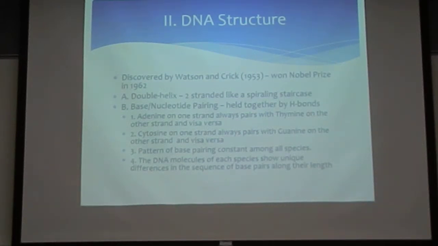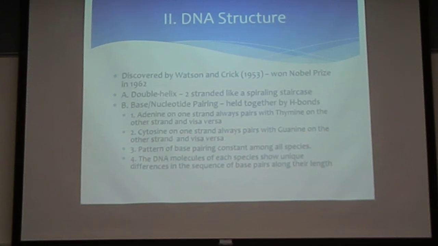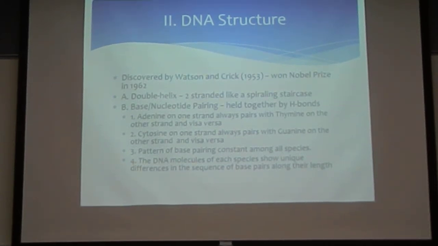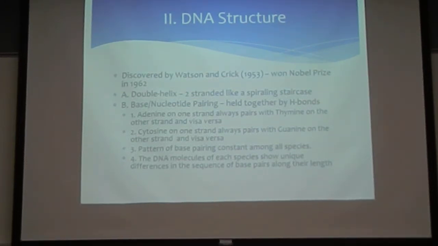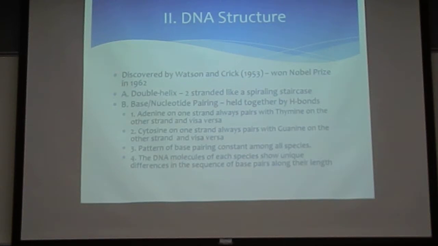And these hydrogen bonds form between these nitrogenous bases that we talked about, adenine, thymine, cytosine, and guanine. Okay? If on one strand of DNA there is an A, adenine, then on the opposite strand, it is always going to be thymine.